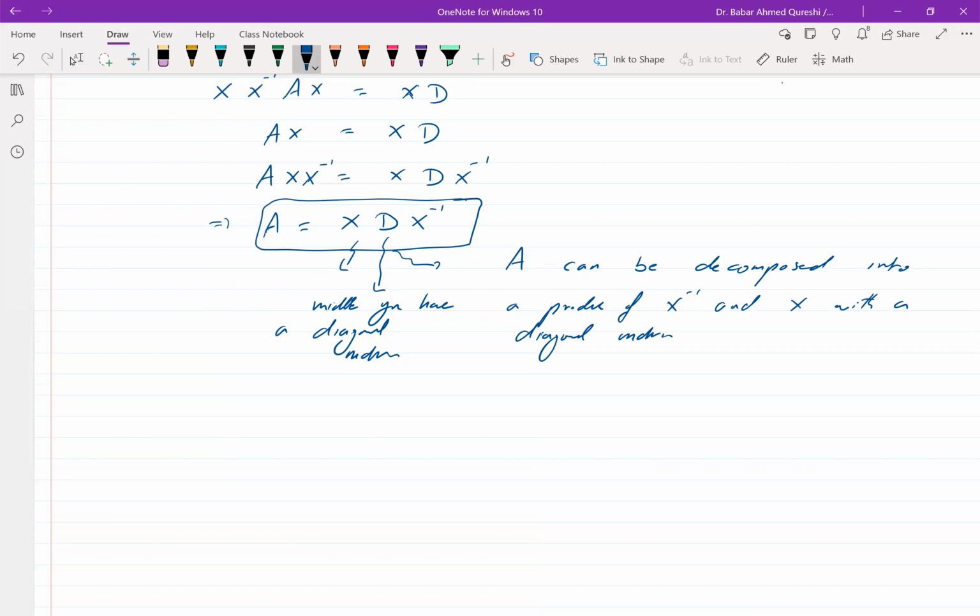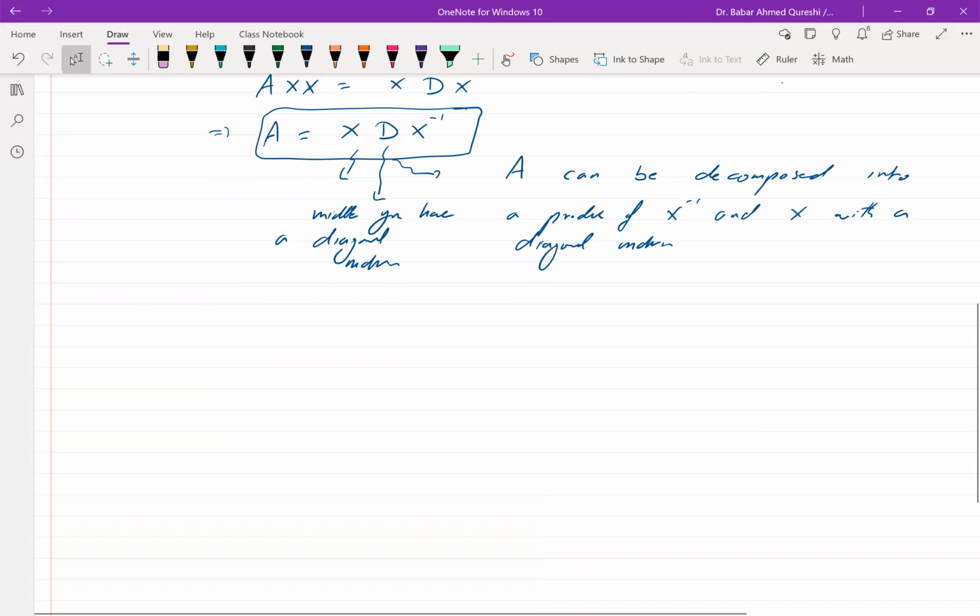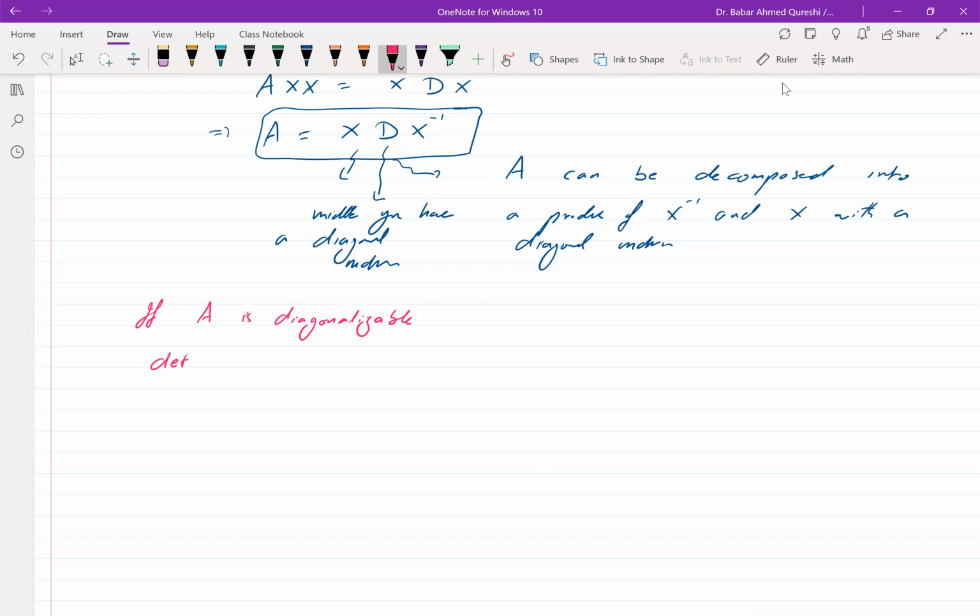So one consequence of this is the following. I can, for example, do this. If I compute the determinant, if A is diagonalizable, then determinant of A is determinant of X D X inverse.